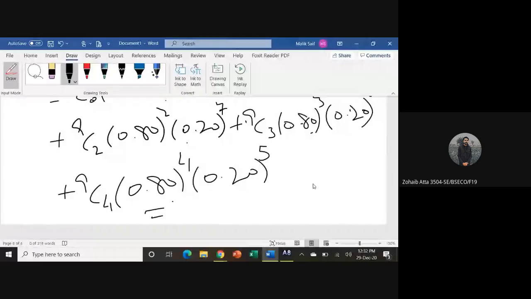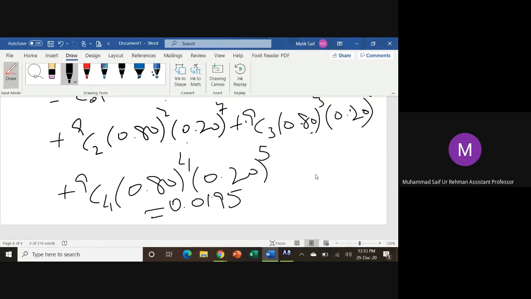Quickly. Yes, if you have a calculator with you, you must solve it. Otherwise, I'm going to give you the answer. I have solved it. 0.0195. 0.0195 is your answer.